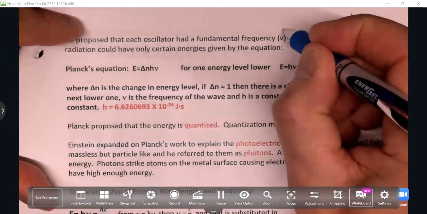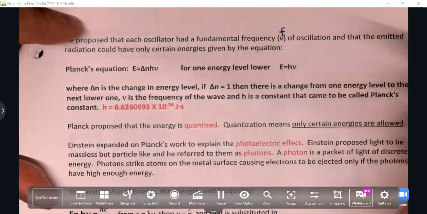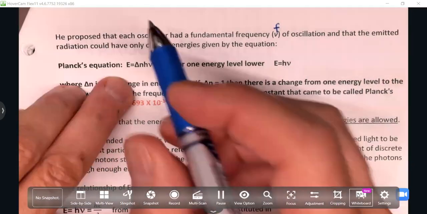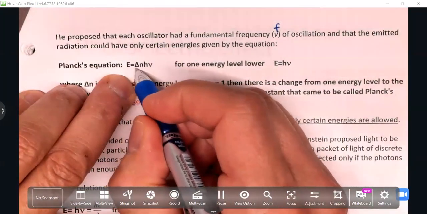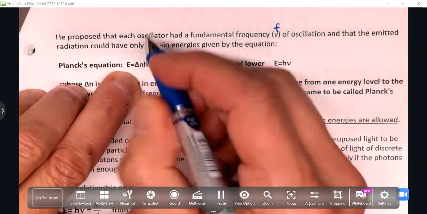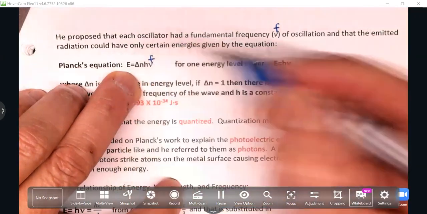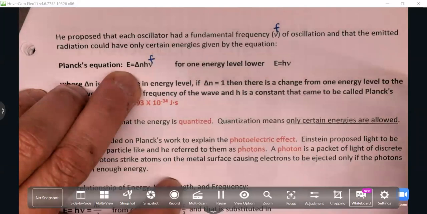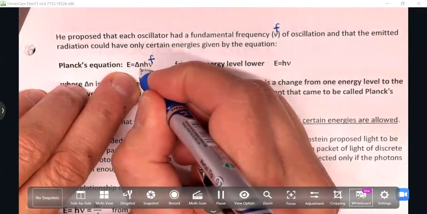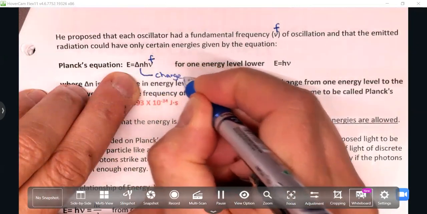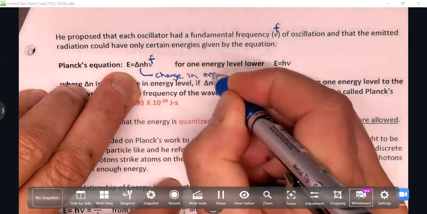I'm going to change this frequency to an F. And Planck's equation says that our energy is equal to the change in levels. It's a Planck constant times the frequency. Now this N now is change in energy level.